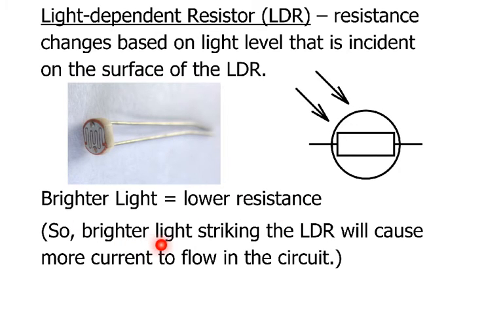That means that when the light is brighter that is striking the LDR, or incident upon the surface, there will be more current flowing in that part of the circuit, or flowing in the circuit. So this thing's resistance decreases when light levels increase, and that means since the resistance decreases, that means that current increases. All right? So if light increases, resistance decreases, and that means that current increases. All right?